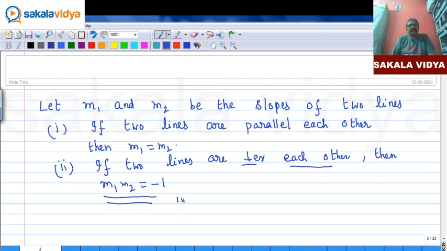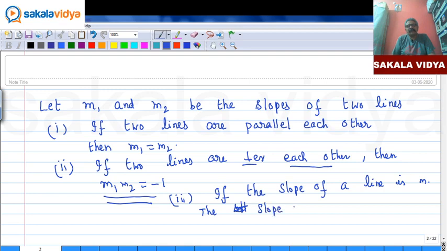For example, if the slope of a line is m, the slope of any line perpendicular to it is -1 by m, where m does not equal 0.